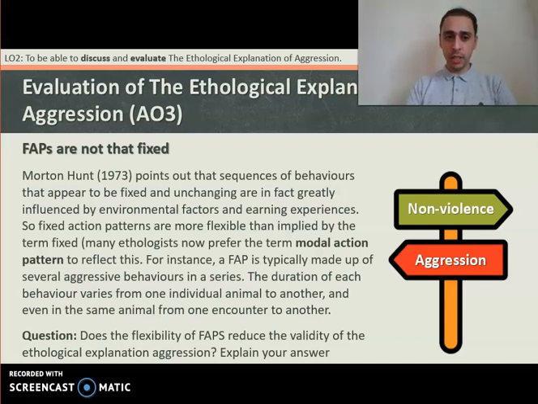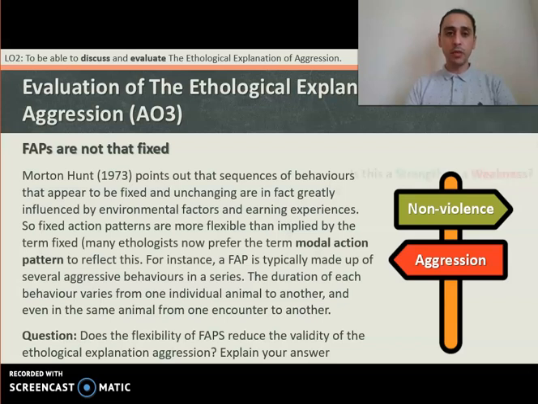Many ethologists now prefer the term modal action patterns to reflect this. For instance, a FAP is typically made up of several aggressive behaviors in a series. The duration of each behavior varies from one individual animal to another, and even in the same animal from one encounter to another.